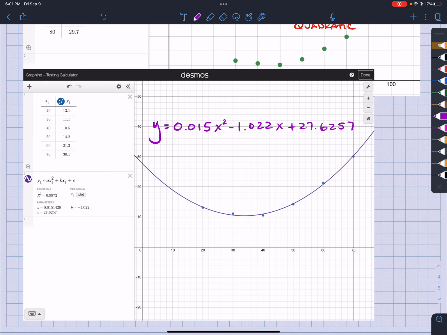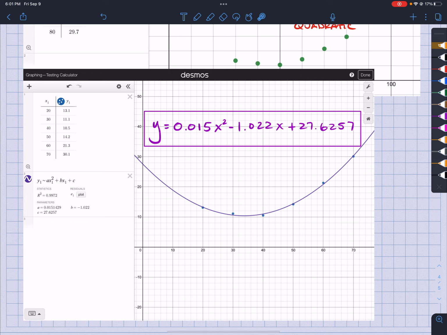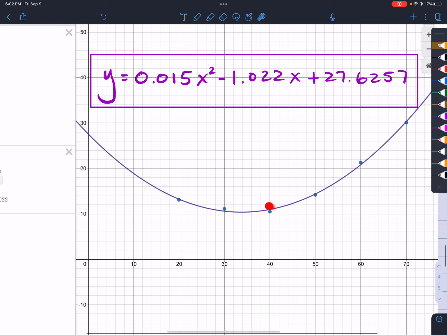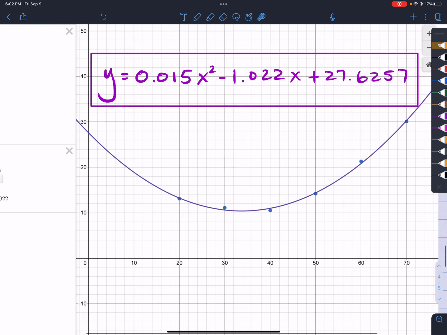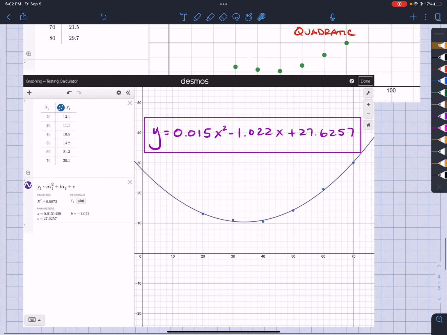Okay, so this is actually the equation of what is close to going through all of these points. And if you look, the r squared is 0.9972. So in other words, look at how almost perfect these are, right? It's very, very close. If anything, they're actually touching, or going through the points. So this is a pretty darn good line for those points.